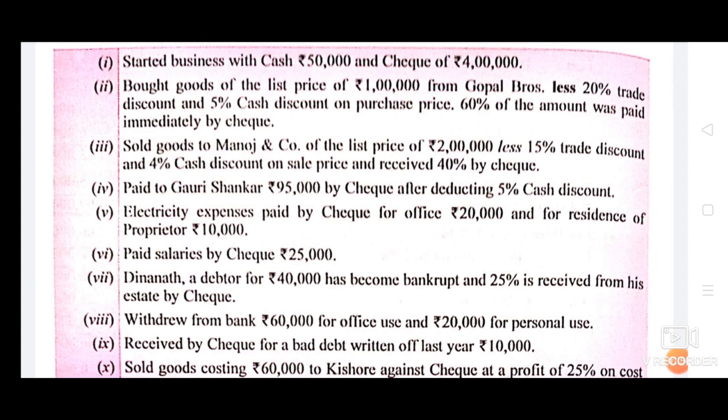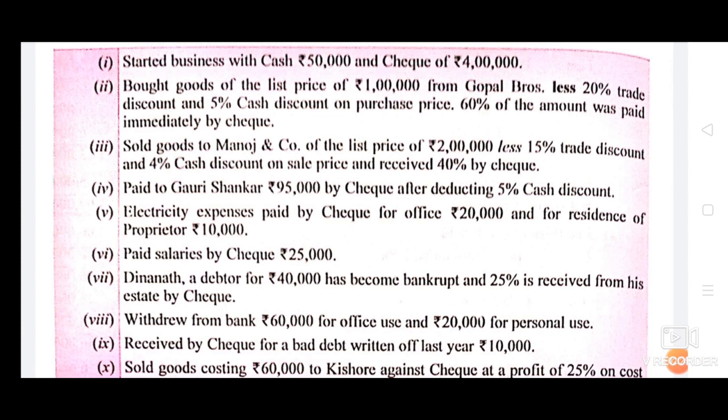Okay. Third, sold goods to Manoj and Company of the list price of rupees 2 lakhs, less 15% trade discount and 4% cash discount on sales price, and received 40% by cheque. Now, fourth, paid to Gauri Shankar rupees 95,000 by cheque after deducting 5% cash discount.